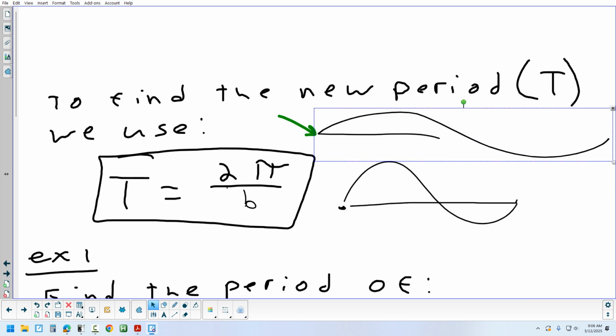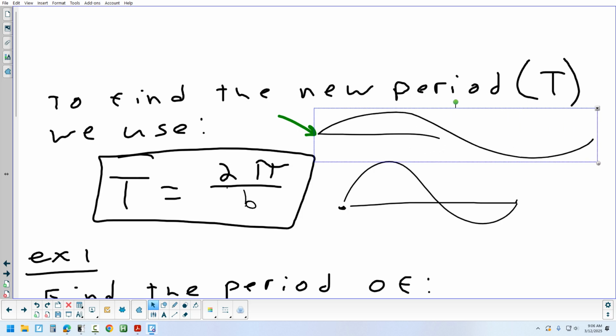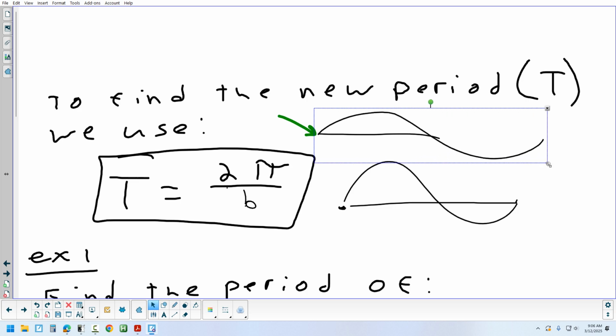Where did that point move when I stretched it? Stayed the same, right? Let me compress it. Where did that point move when I compressed it? Yeah, it stayed exactly the same. That point is at 0. Think of your axis as being right there.